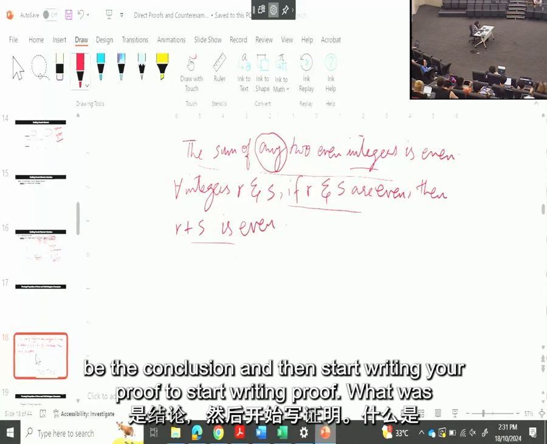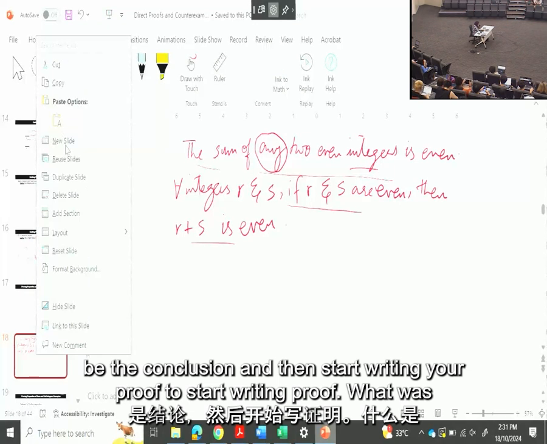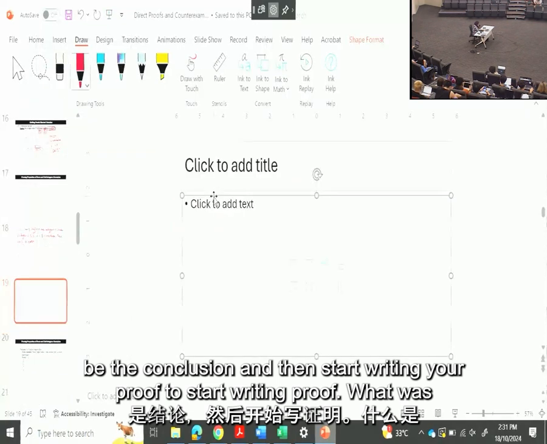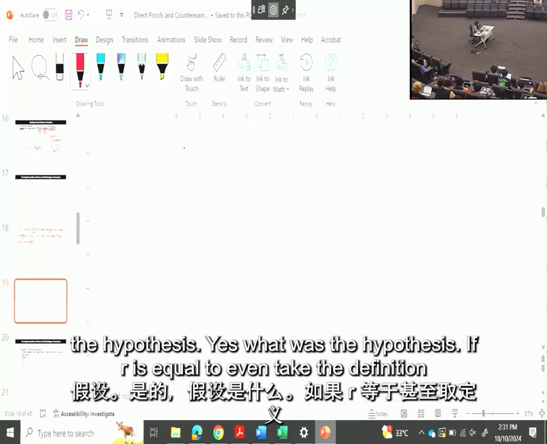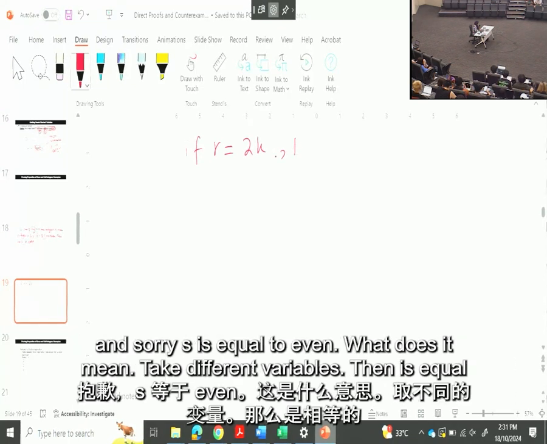To start writing the proof, what was the hypothesis? If r is even, take the definition, and s is even.